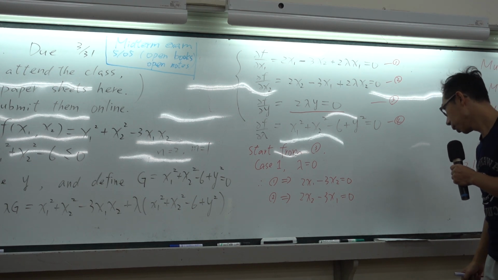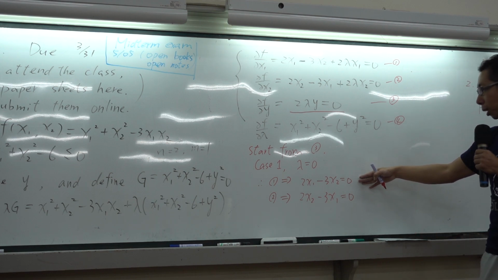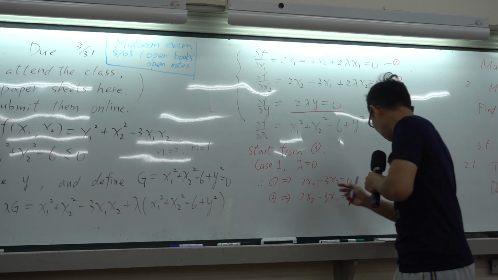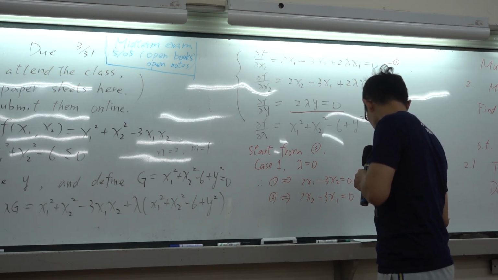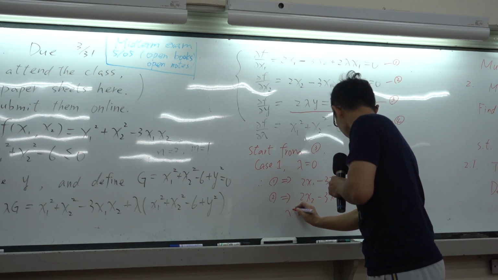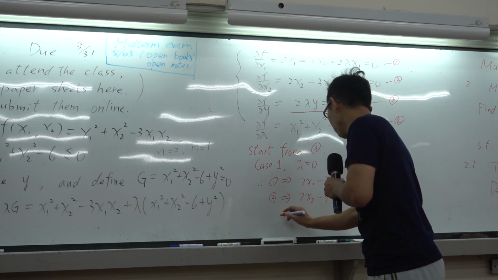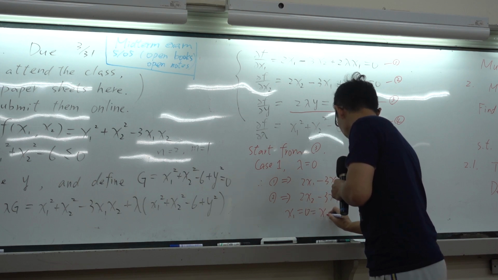If you solve this, like the first equation minus the second equation, finally you will have x1 equals 0 equals x2.